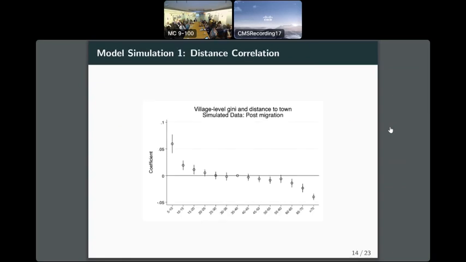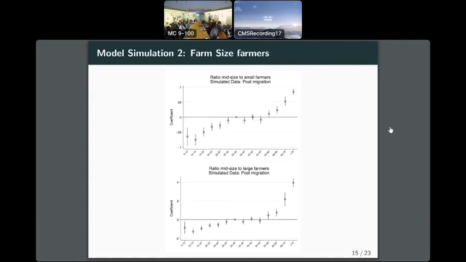This is just data simulated from the model. Pattern 1 is the distance gradient. It creates the exact same pattern that we saw empirically. The second one is the composition. For the simulated data, we started off with everyone having a random endowment, random land size, and so on, and let the model run over multiple iterations.